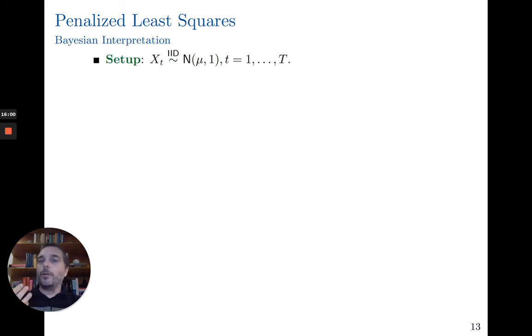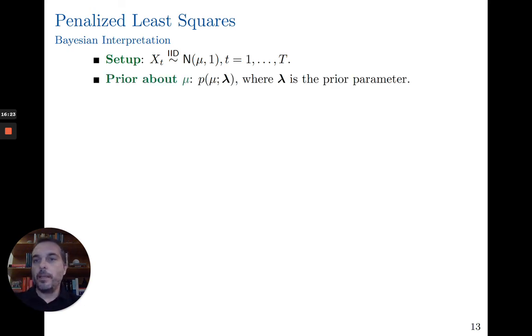Okay, so what's also the Bayesian interpretation for that? So imagine now that you have another sample of T random variables x, but now these variables are IID, normal, with constant mean mu, so the mean now is common to all the variables, and known variance 1. Let's assume a prior for mu, a prior p indexed by a parameter, let's call it lambda.